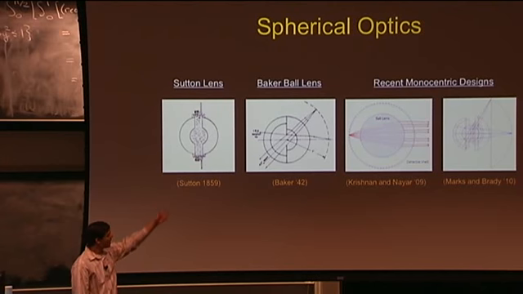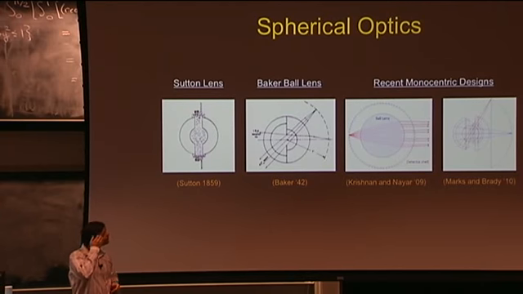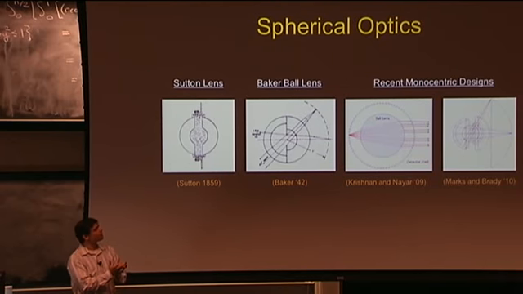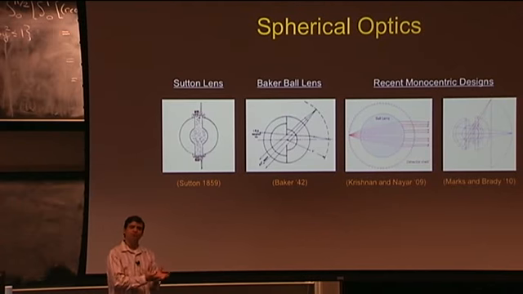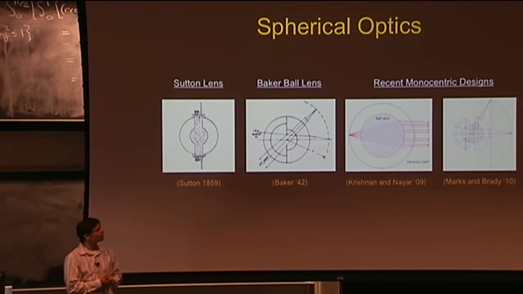And then in the 40s at Harvard, Baker looked at some spherical optical designs. And then more recently, Christian and Nayar looked at designing a spherical field of view, single viewpoint camera using just a ball lens and a computational imaging approach. But their design requires a custom spherical sensor that is beyond the reach of today's manufacturing technology.